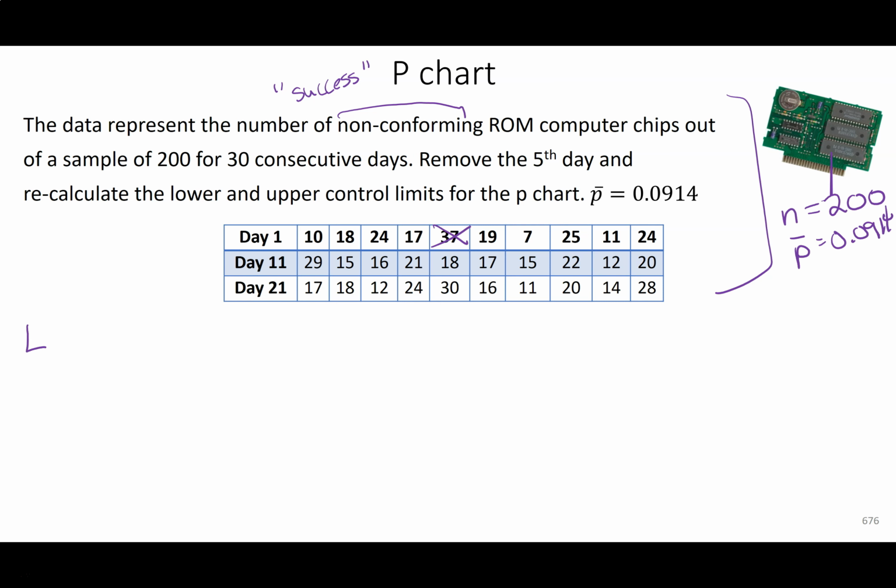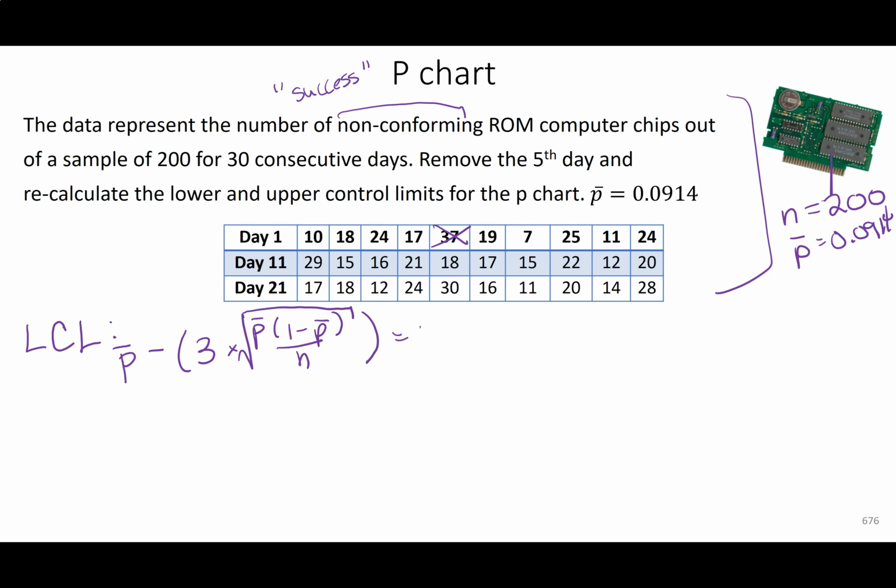So my lower control limit is going to be P bar minus 3 times the square root of P bar times 1 minus P bar over n.